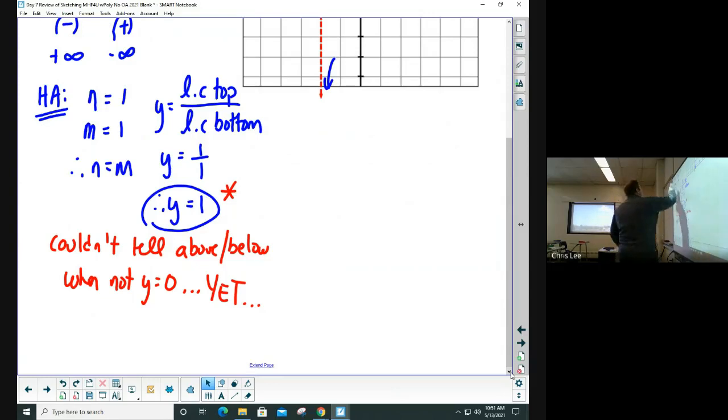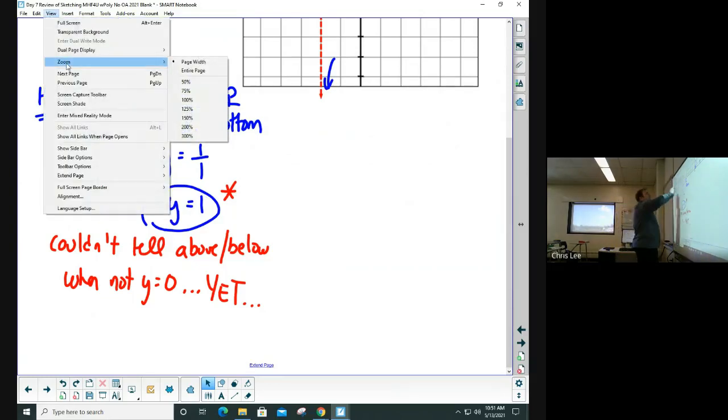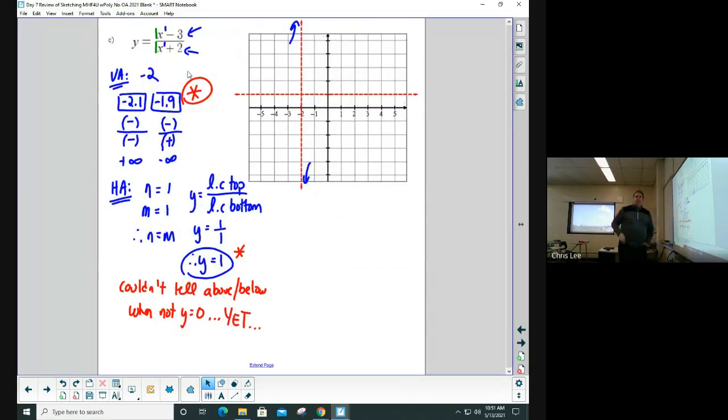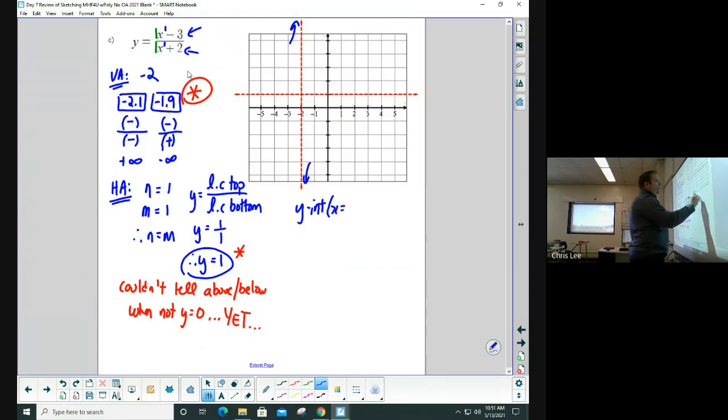All right. The last thing we would do when we're sketching these is to do some intercepts. And so we would do a Y-intercept is when x equals 0, and an X-intercept when y equals 0.